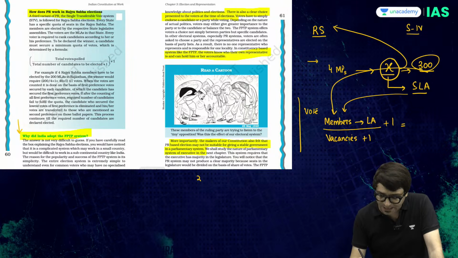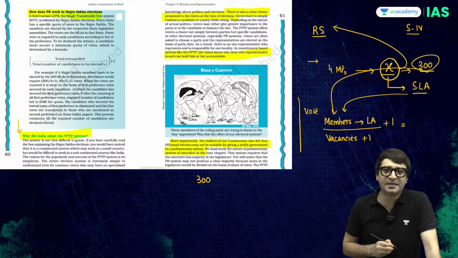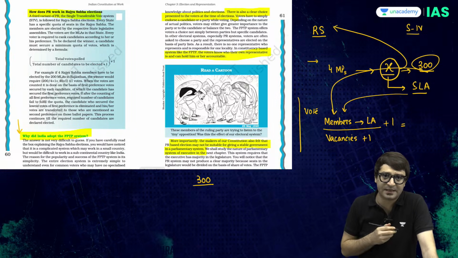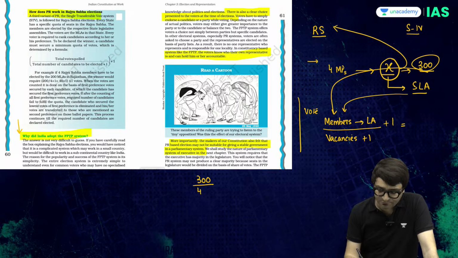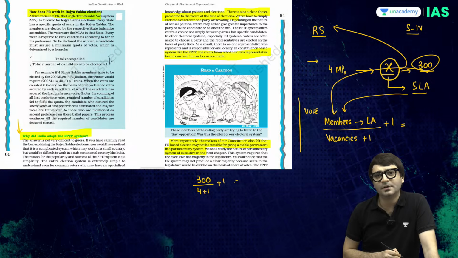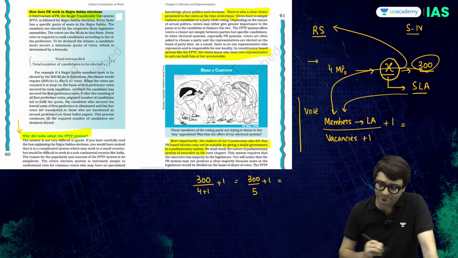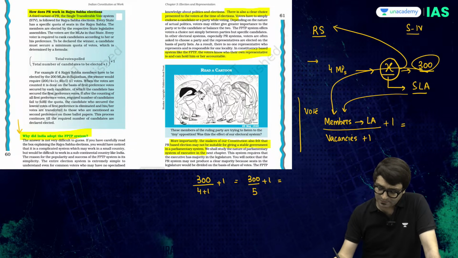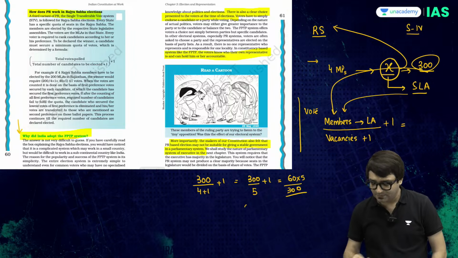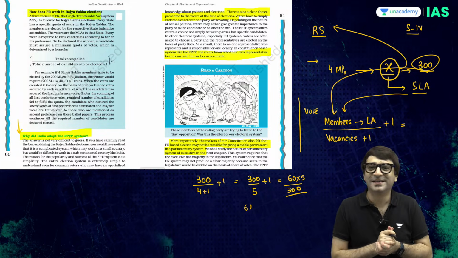Which means if 300 is the number of elected MLAs in the Legislative Assembly, plus we have 4 as the vacancy, plus 1, which means 300 divided by 5, plus 1, which means 61. I got confused with the calculation.